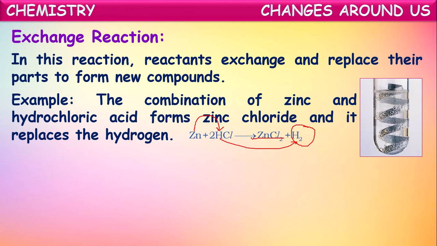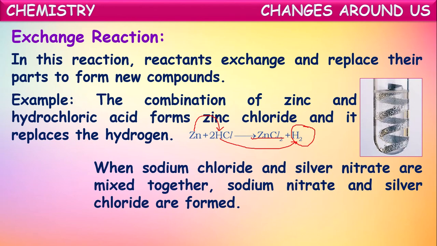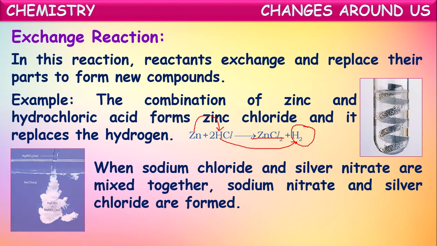Okay, let us see one more reaction. Sodium chloride and silver nitrate are mixed together to form sodium nitrate and silver chloride. So this reaction is also called an exchange reaction. In this also the reactants sodium chloride and silver nitrate exchange their parts and form new substances. That is why this reaction we also call an exchange reaction.